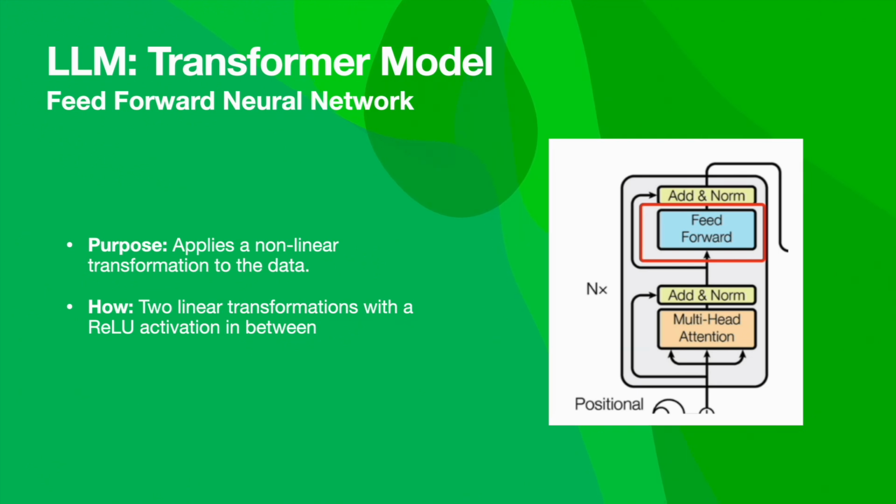You want to make that model a non-linear model, and you introduce that by using two linear transformations with a ReLU activation function in between them. You use ReLU to introduce non-linearity into your model, and then your model will be able to learn different types of complex patterns inside your neural network. Once you train any feed forward neural network, you will find patterns inside it, and from those patterns the model learns and becomes more capable of finding complex patterns.